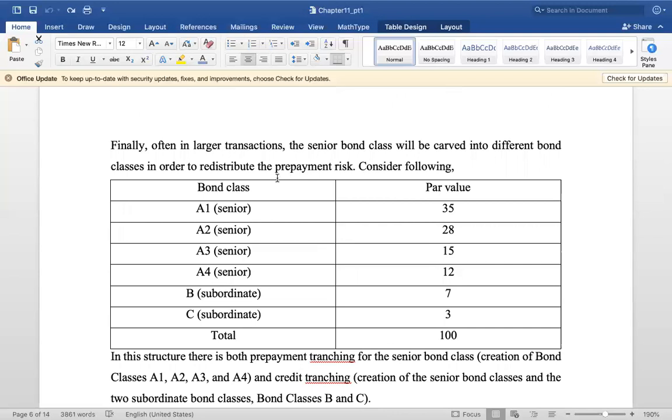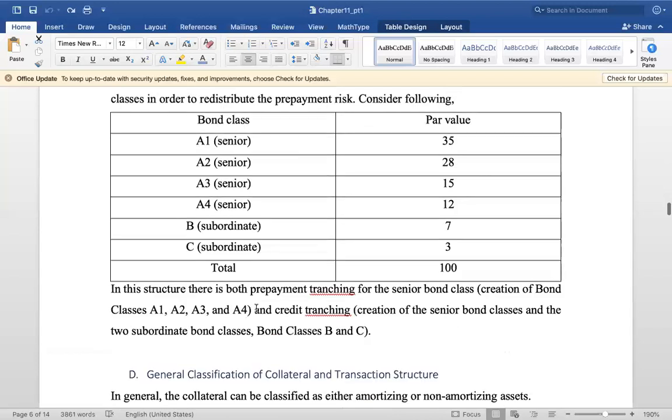Finally, often there can be a structure just like this, in which there are multiple senior bonds, and then we have multiple subordinate bonds. So these multiple senior bonds are A1, A2, A3, and A4, and then this. In this structure, there is both prepayment tranching and credit tranching, right? So A1 will be paid first, and repayment will only go to A2 when A1 is fully paid.